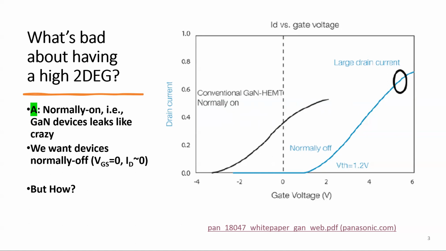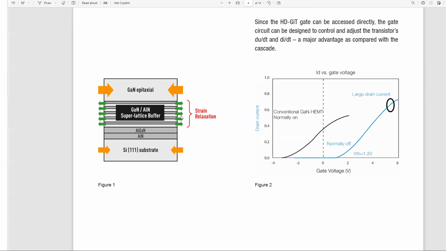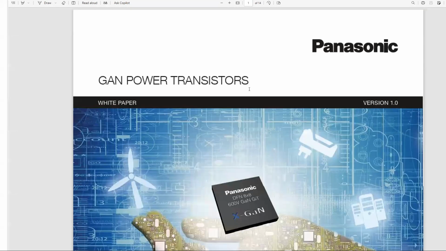And then I put a reference here, called the Panasonic white paper. So what is a white paper? Let's look at it. A white paper is what the industry will publish about the technical detail of their devices. See, this X-GaN is what Panasonic is selling.